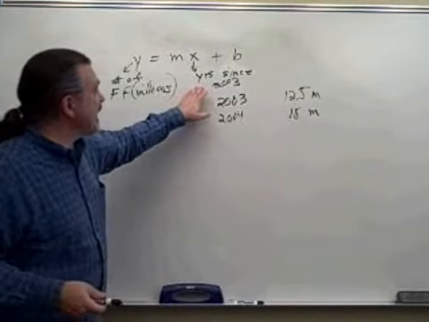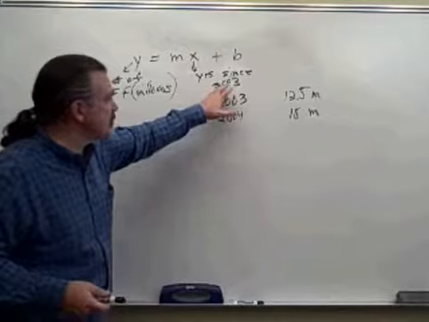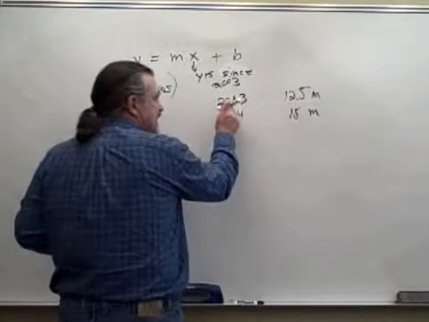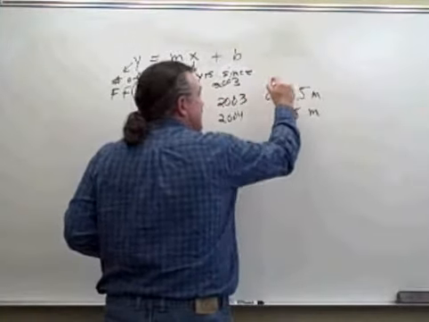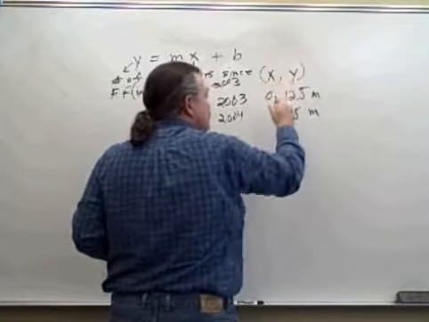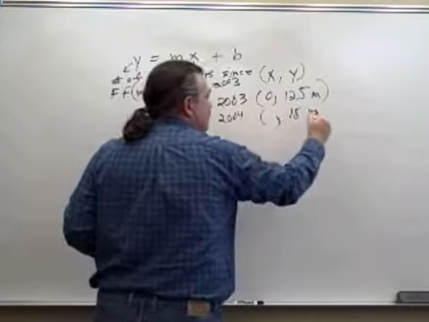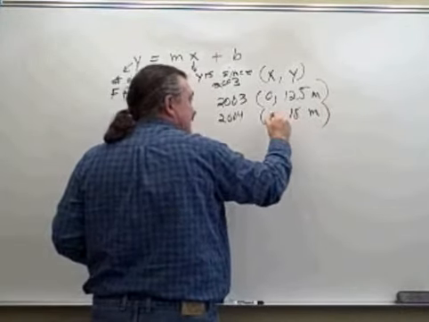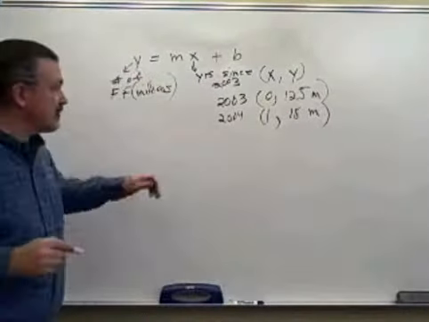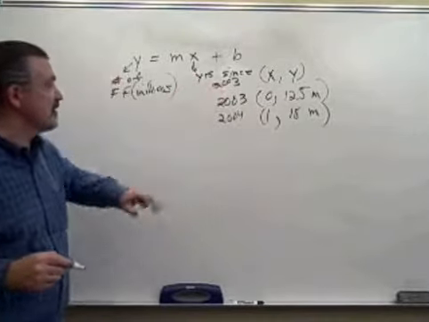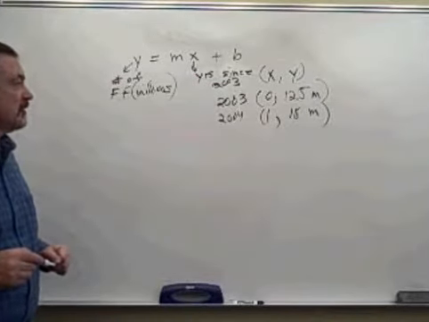Well, thinking of x as years since 2003, then in 2003, isn't the x value 0? And in 2004, isn't the x value 1? 2004 is 1 year since 2003.